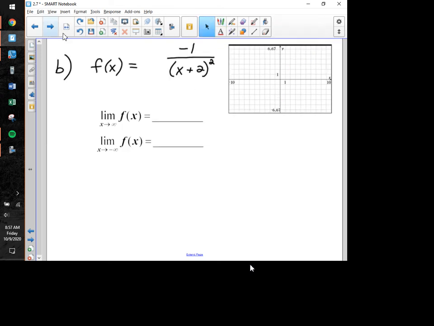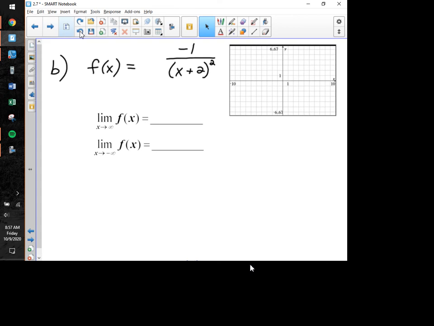All right, let's move on to another one right here. Okay, this is a function that I gave you guys a while ago, -1 over x plus 2 quantity squared. So let's see what happens with this one. Okay, as we think about horizontal asymptotes, this is probably the way we should be approaching it right here. As we think about that, we have a constant in the numerator, and then what's really a second degree function down in the denominator. So this is a bottom-heavy function.